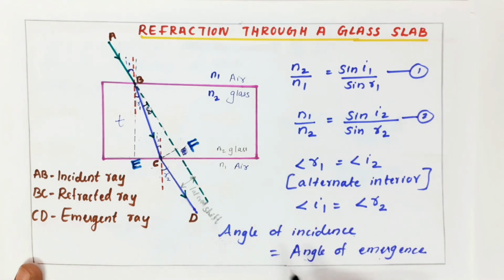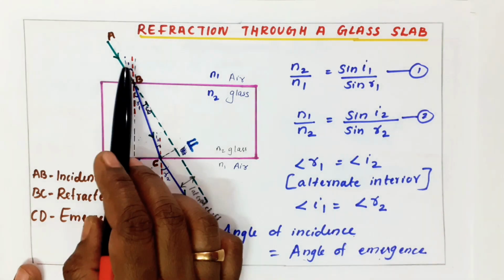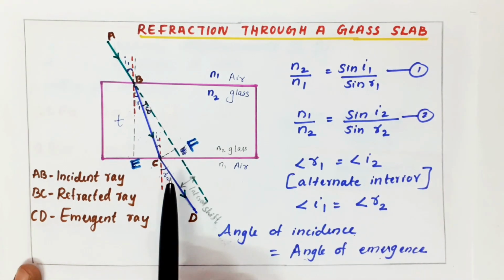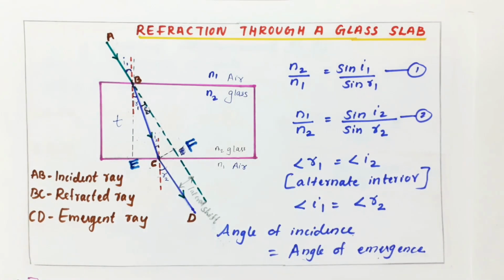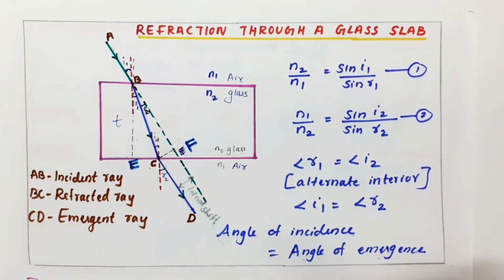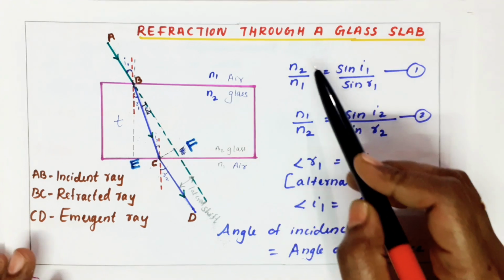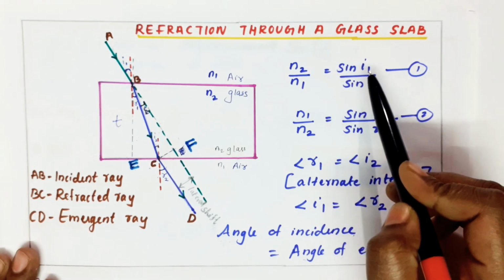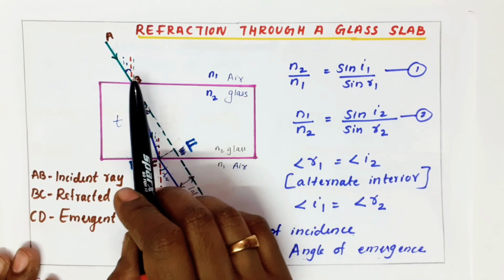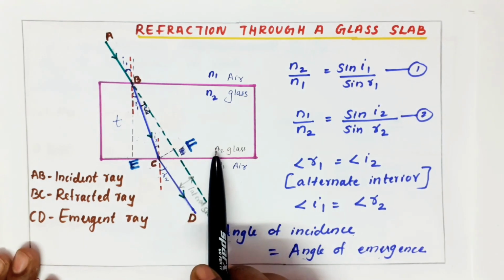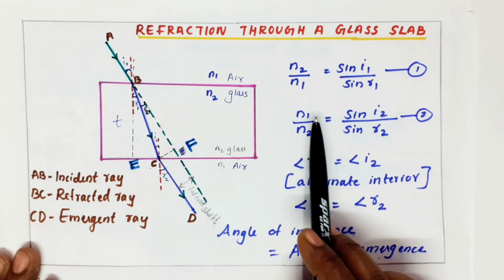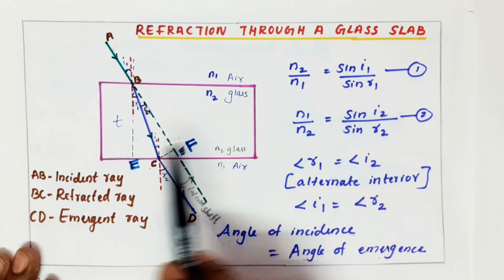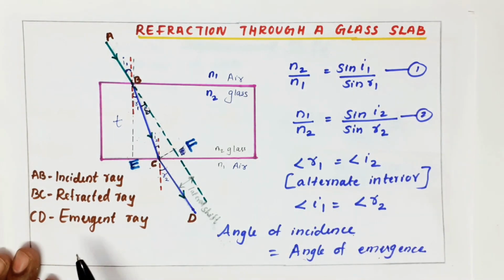Now first I am going to prove that the angle of incidence and angle of emergence are the same. For that I am applying Snell's law. Snell's law for the first interface, that is n2 by n1 is equal to sin i1 by sin r1. For the second interface, the light is traveling from glass to air, so we can write n1 by n2 is equal to sin i2 by sin r2.